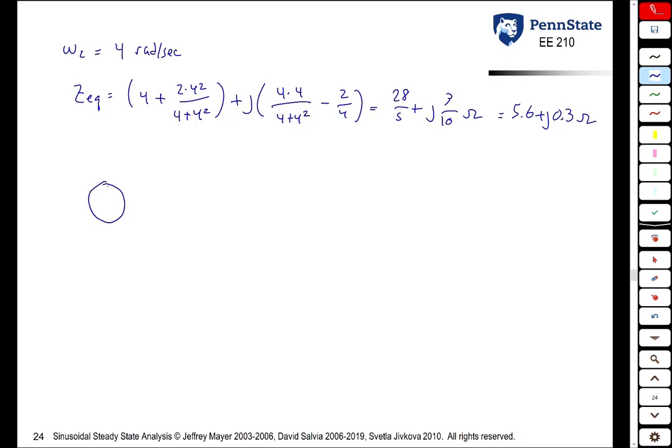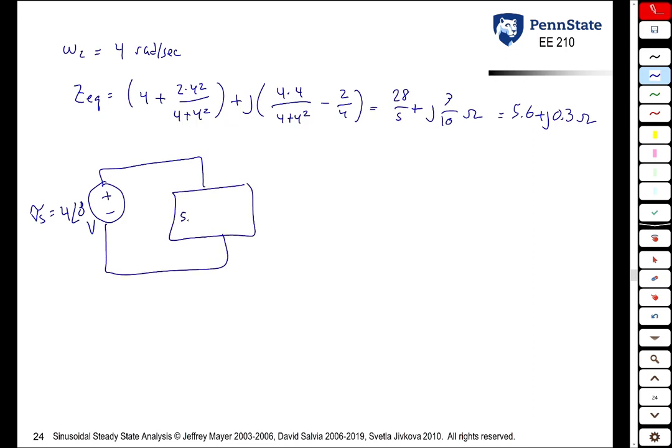So if you wanted to find the current, you now use Ohm's law again. This impedance is 5.6 plus j 0.3 ohms. This current I tilde is what? It's Vs tilde divided by the impedance.